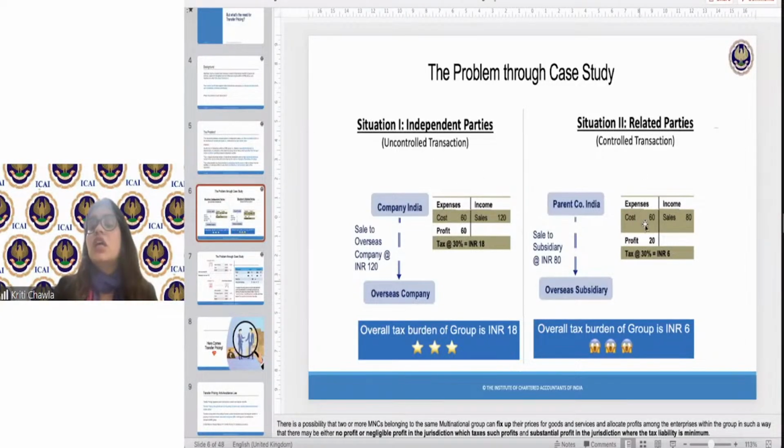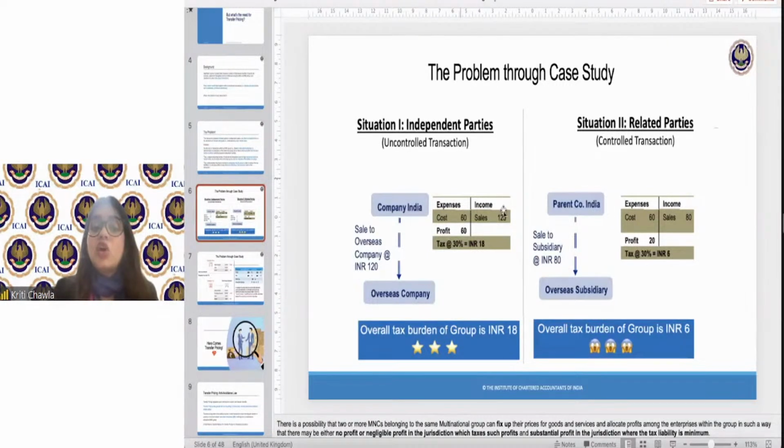So if we are talking about selling pens, and the parent company is selling pens to an overseas subsidiary at 180, then you'll have to make sure that independent enterprises are also selling the same type of pen in an unrelated party situation.